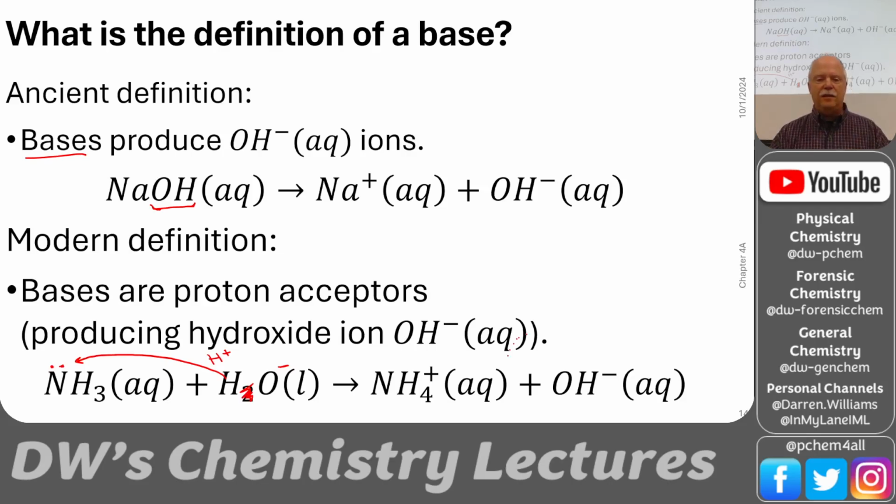Okay, so that's what's happening. We're forming ammonium cation and hydroxide anion. So when you have a household bottle of ammonia, it also could be described as ammonium hydroxide. Okay, so it's ammonia dissolved in water, but when it goes into water, it makes ammonium ion and hydroxide ion. So it's a very basic solution.